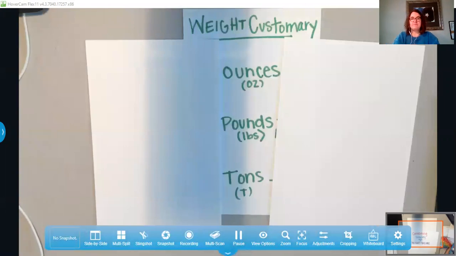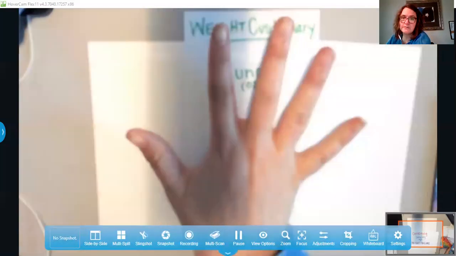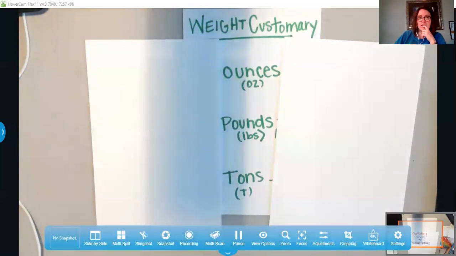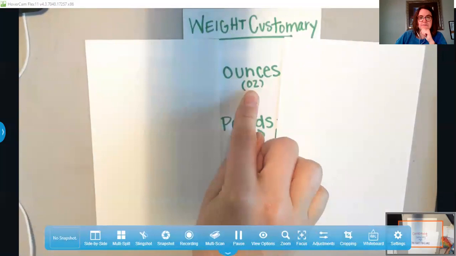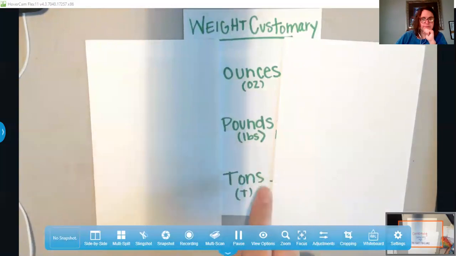So let's look at our customary weight conversion. I would like you to start off on a piece of paper writing "weight, customary" so you know what you're doing. Next, go ahead and write ounces, pounds, and tons.